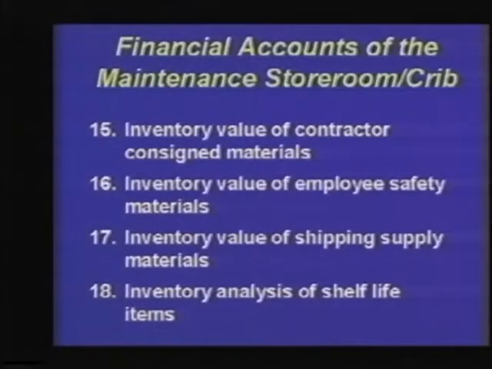And finally, on page 8C, item 18 would be the inventory analysis of shelf life items. In other words, how well is the shelf life program supporting the return of shelf life items as they are approaching, if you will, the shelf life date code.